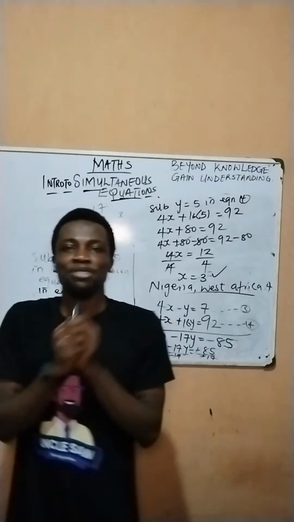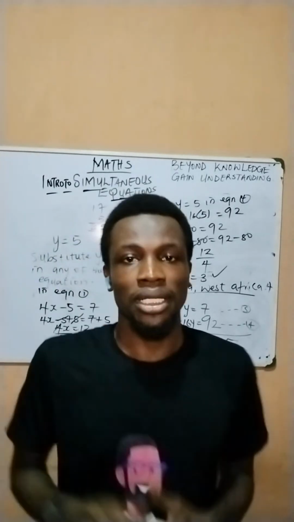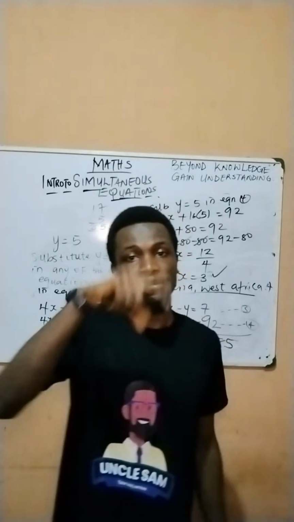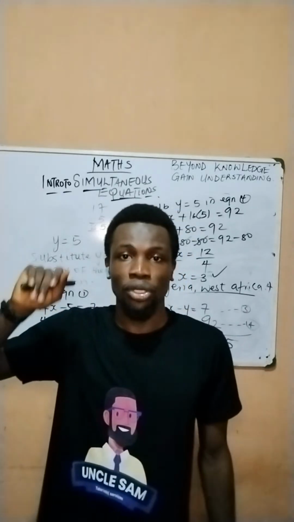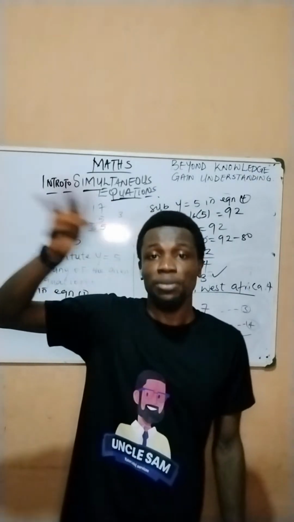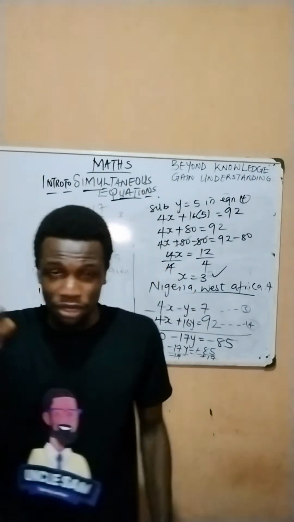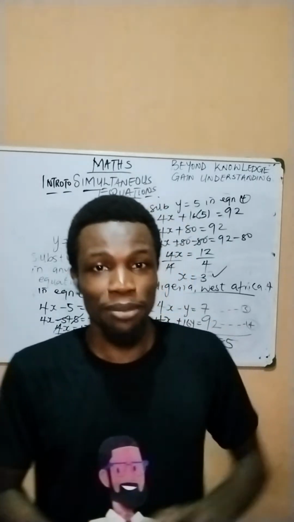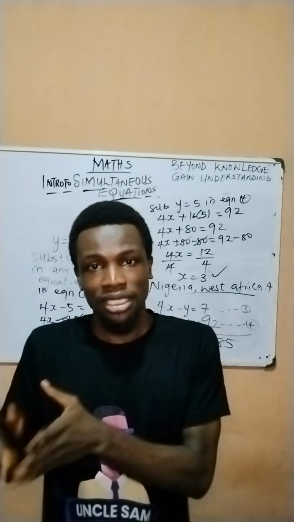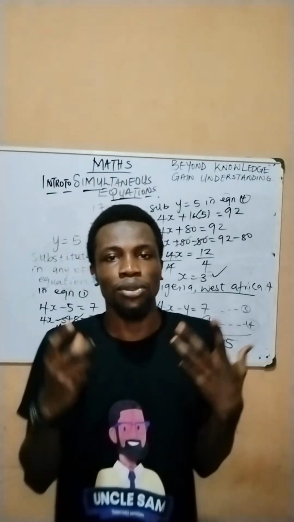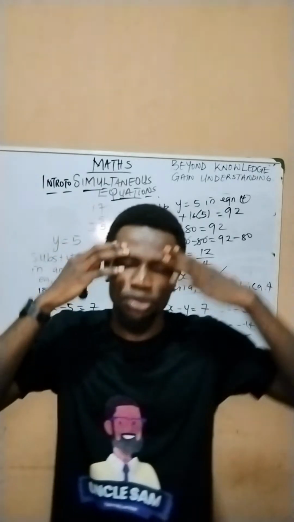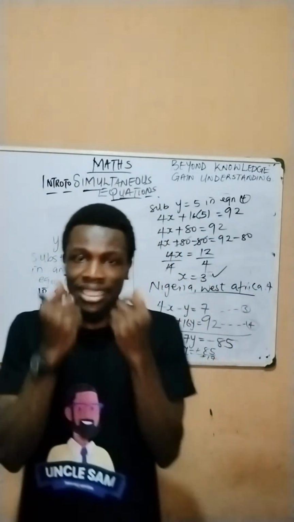Thank you so much, guys, for joining. I'm going to be live again on Wednesday to continue this discussion. As you can see, we've only talked about the first method, which is the elimination method of solving simultaneous equations. We're going to continue with the next method, which is substitution, and then we'll look at the graphical method. The graphical method is going to be very interesting because we're going to break down the concept of graphing and make it very easy for you to assimilate, because learning to use graphs to solve problems teaches you visualization, which is a technical skill.